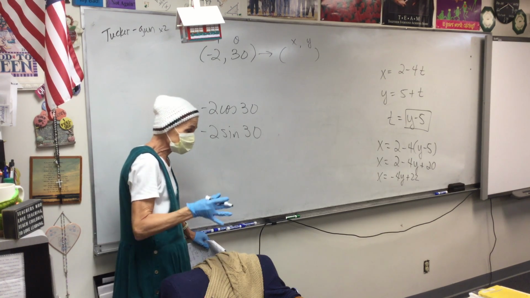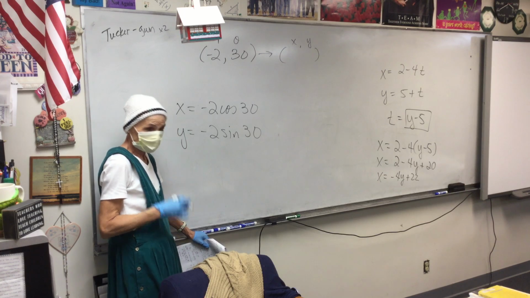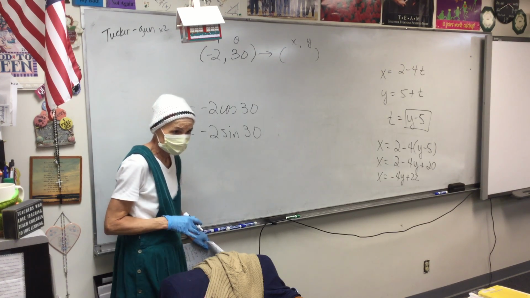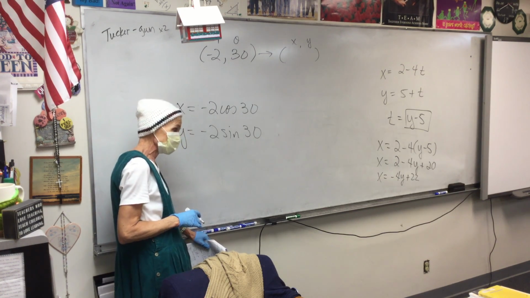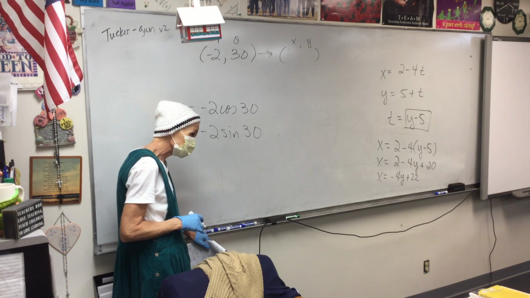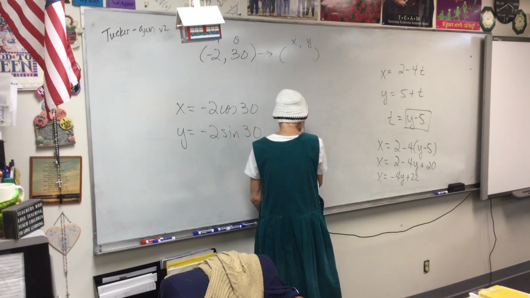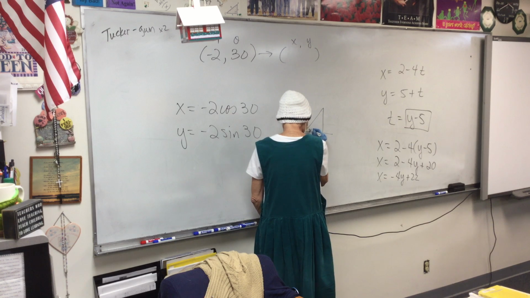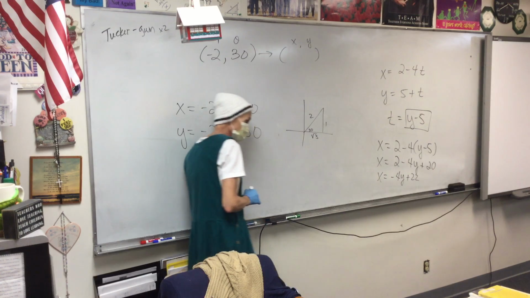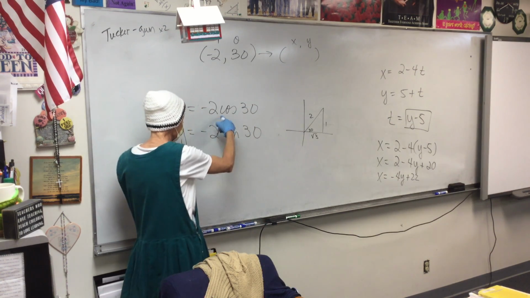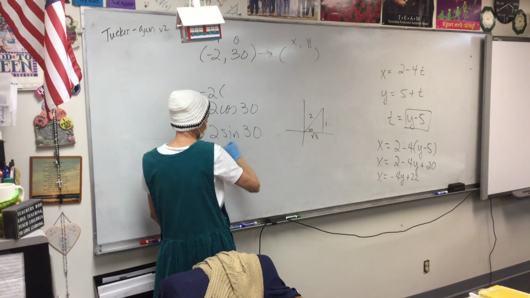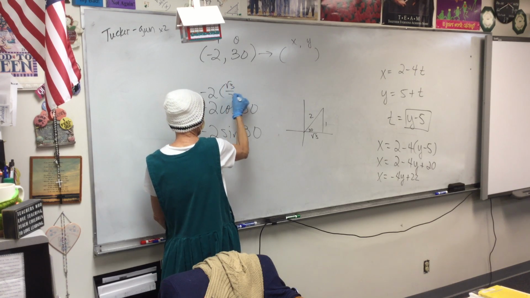Now, is 30 special? Yes. 17 would not be special. If that were 17, we'd type it in on our calculator, right? But since it's 30, we draw a picture of a little 30, 60, 90 triangle over here. What's the cosine? Root 3 over 2.